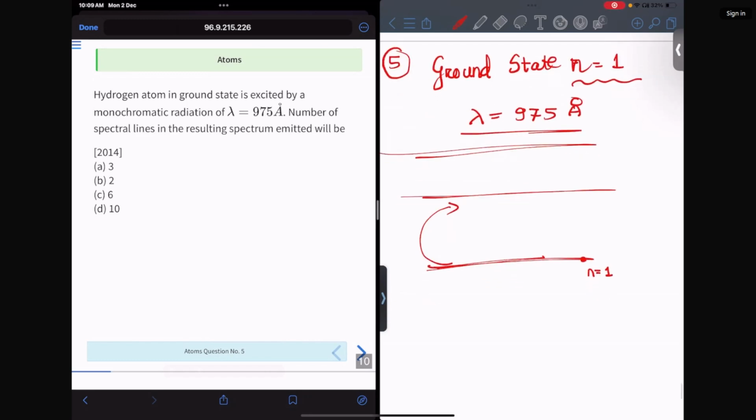The number of spectral lines in the resulting spectrum emitted will be what?